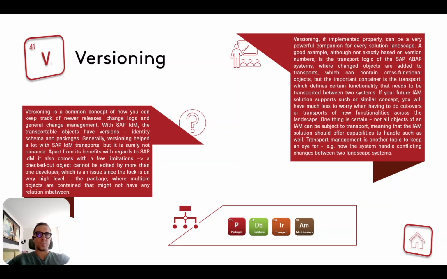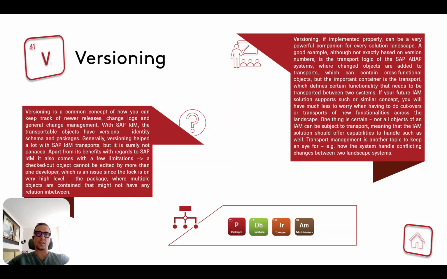To give a quick example, let's say a new process should be established, which handles external users' expiring contracts. The task at hand would surely require a number of objects to be changed or created, starting with the identity schema attributes, potentially a new entry type, a new form with proper access controls, the process to handle the results after submit, you name it, etc. Putting all those objects in one package is first of all not possible with SAP IDM, but even if it was, it would probably not fit your original organization of the packages.